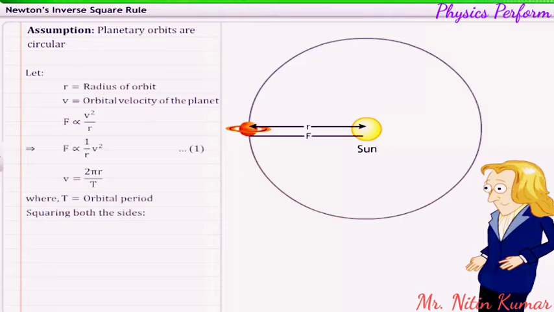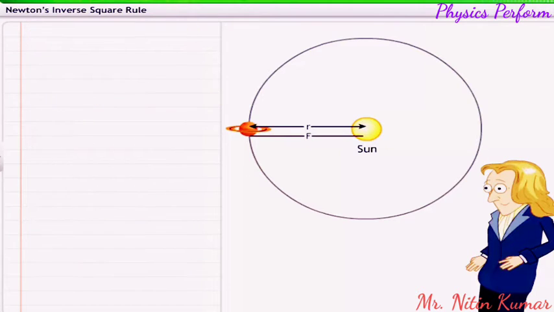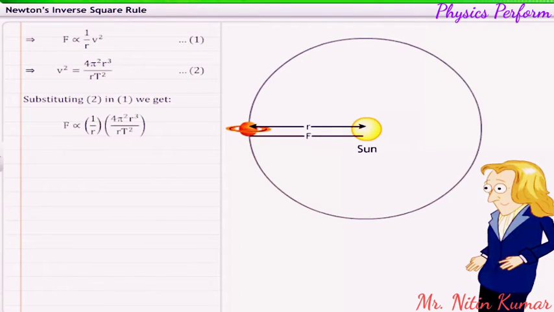Squaring both the sides and simplifying, we get equation 2. v square is equal to 4 pi square r cubed divided by r T square. Substituting equation 2 in equation 1 and simplifying, we get equation 3. In equation 3, 4 pi square is a constant.